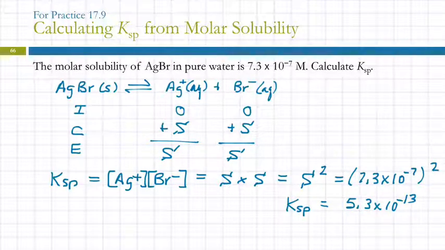And then the product of however many ions there are gives KSP. Like how we multiplied S times S. To find KSP, you have to multiply these together to get KSP. Any other questions?